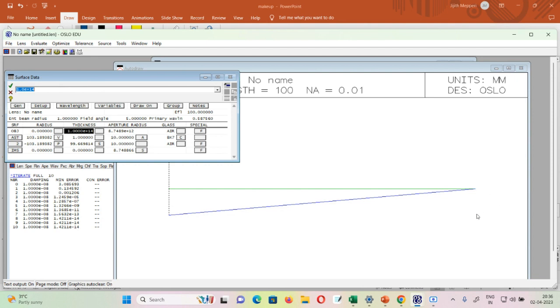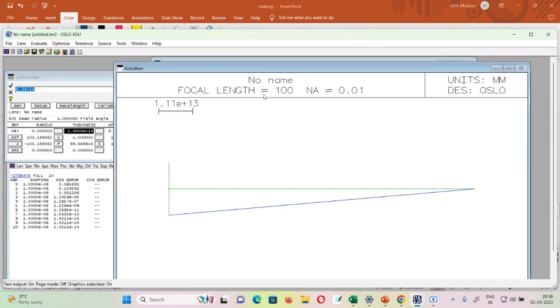All the lens and other things are here. This is the thin lens approximation. You can see that the distance from the lens to the image is 99.66, so it's around 100, and my effective focal length of the lens is 100.